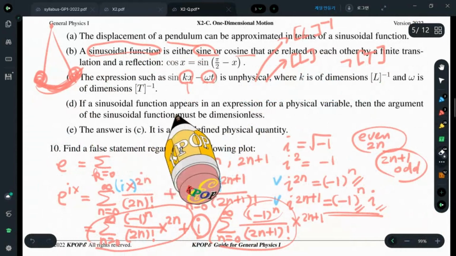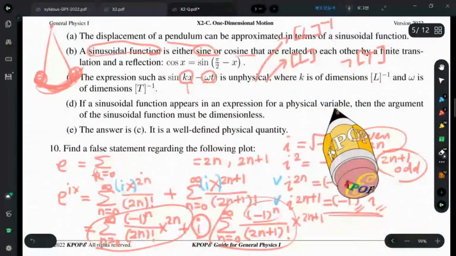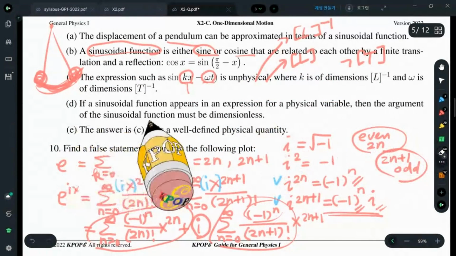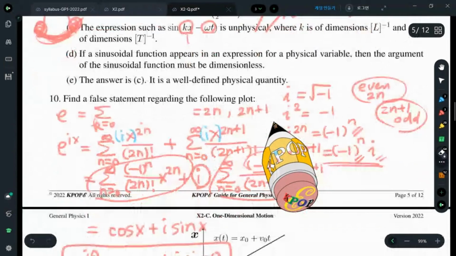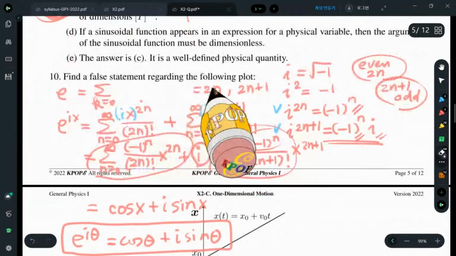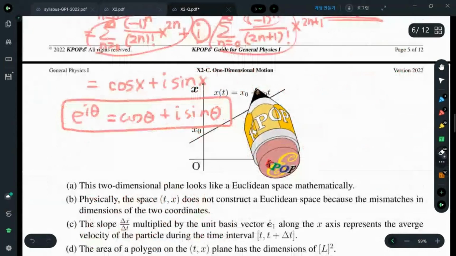If a sinusoidal function appears in an expression for a physical variable, then the argument of the sinusoidal function must be dimensionless. Correct.